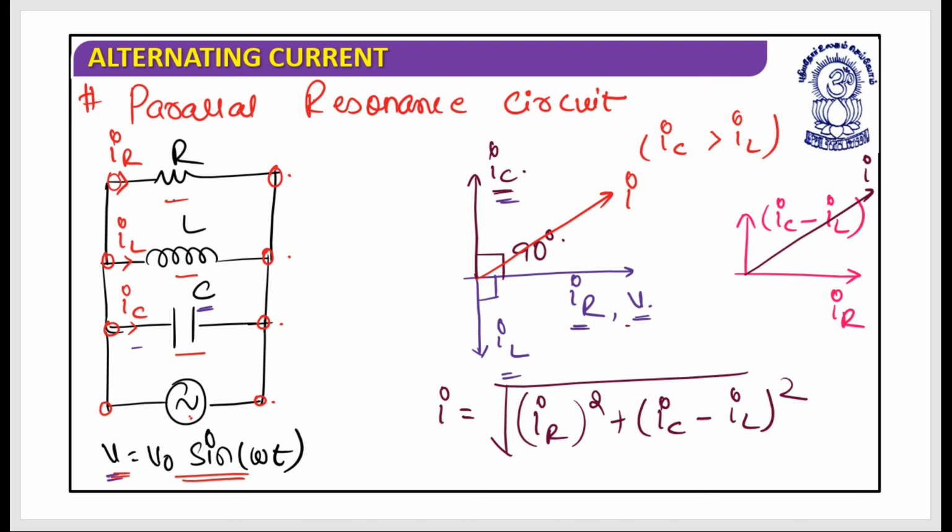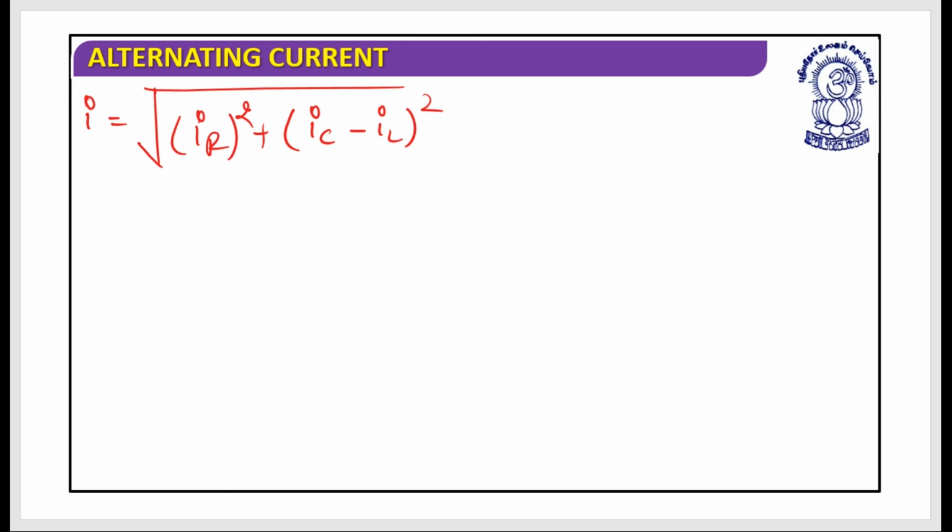This is I. I hope this is clear. Let's rewrite this relation: I squared equals IR squared plus (IC minus IL) squared.